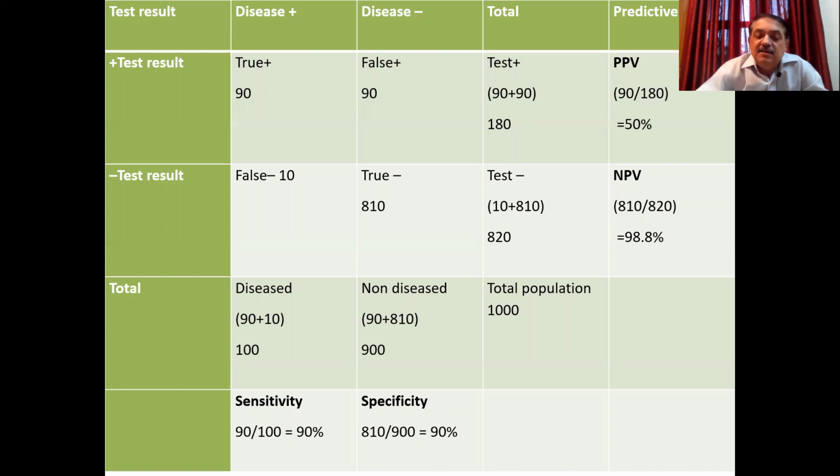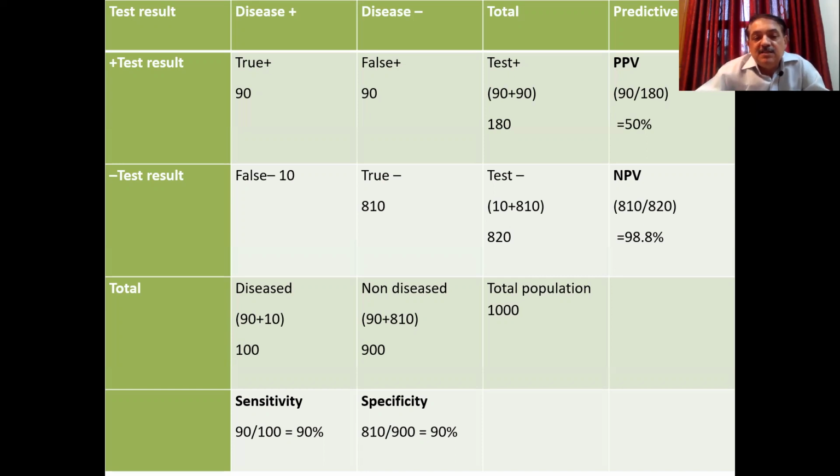And out of 900, because it is 90% specificity, we are able to get true negative 90%, that is 810, and 10% will be false positive. True negative will be 90% and false positive will be 10%. So out of 900, 90% are 810 true negative and 90 will be false positive.